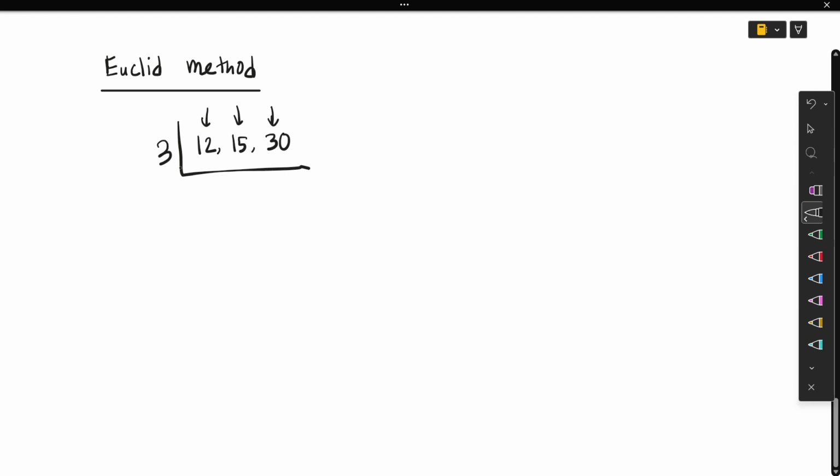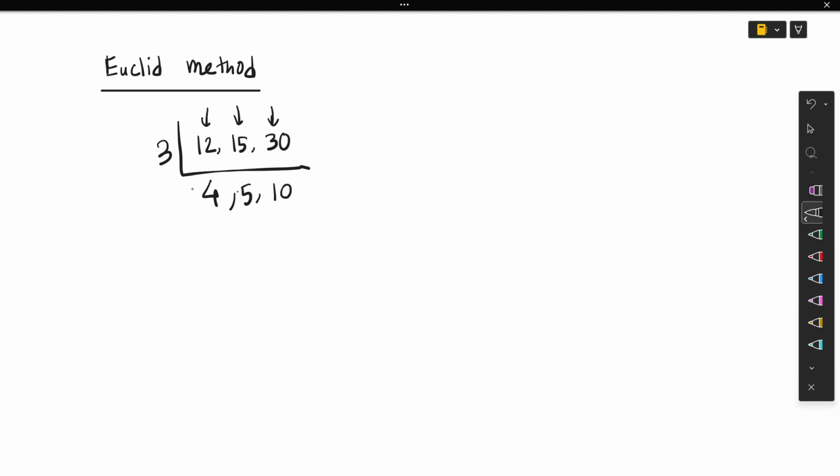If you take 3 here, what will you get? It goes 4 times, and it will go 5 times, and it will go 10 times.